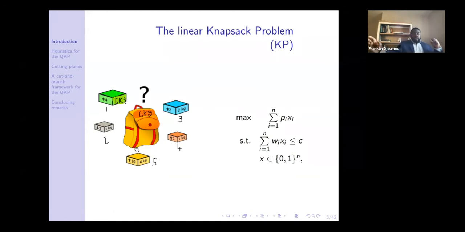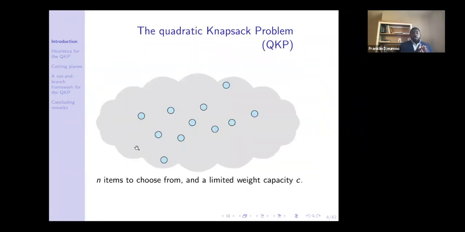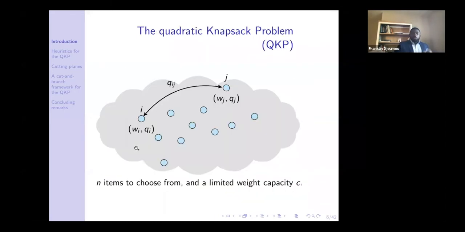So now, let's assume that we have, again, a set of items. We also have a knapsack with a limited capacity. Each item comes with a weight and a profit value. And then for every pair of items that you select, there's an additional profit.